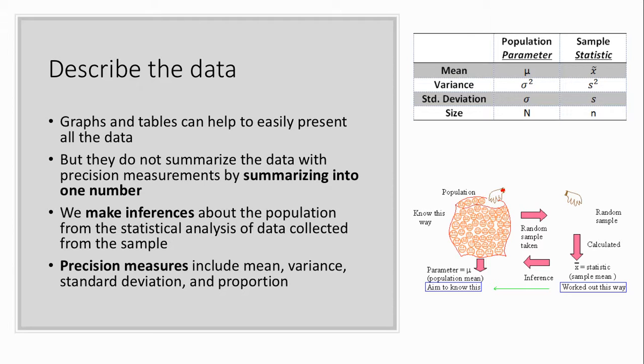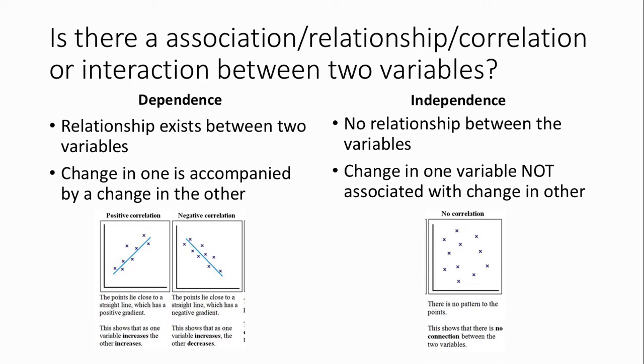Example precision measures may be the mean, the median, the mode, the degree of variance, the standard deviation, or the proportion. So what we may be doing is taking a random sample, calculating some statistics, and making inferences about the population that we're interested in. It doesn't always work, but many times it does.